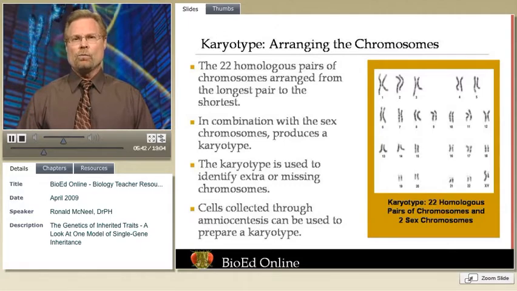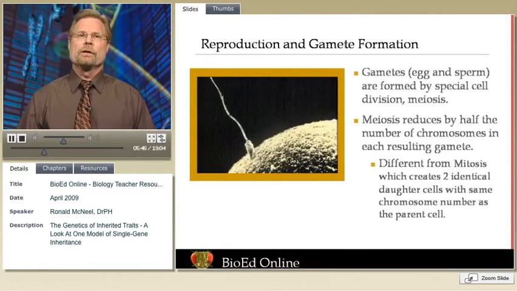Now let's think about what happens to our chromosomes during reproduction. If both the mother's and the father's cells have 46 chromosomes, you would expect the joining of the mother's and the father's chromosomes during reproduction to produce an offspring with 92 chromosomes. But this doesn't happen due to a special process that occurs during the formation of the reproductive cells, or gametes.